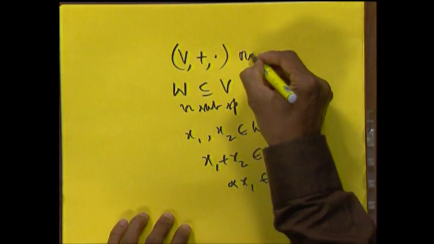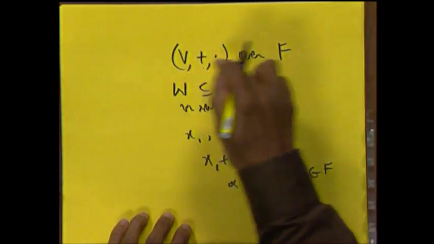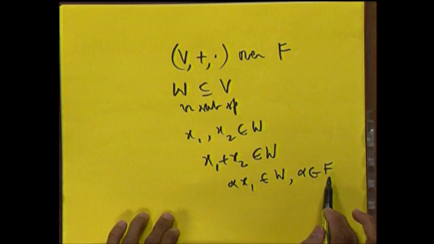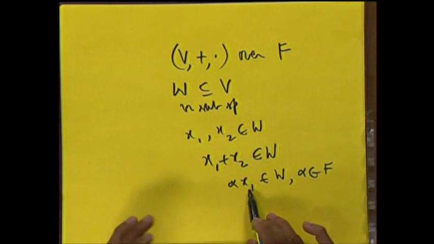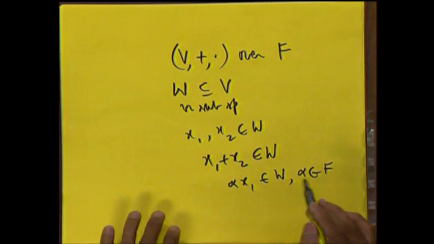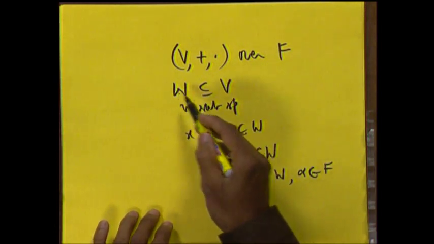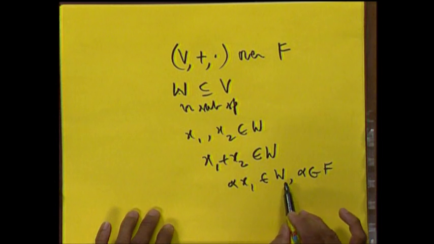I am assuming V is a vector space over field F. If alpha is coming from the field, alpha into x1 is a vector in W, and because I am assuming W is a vector space, alpha x1 is also in W.